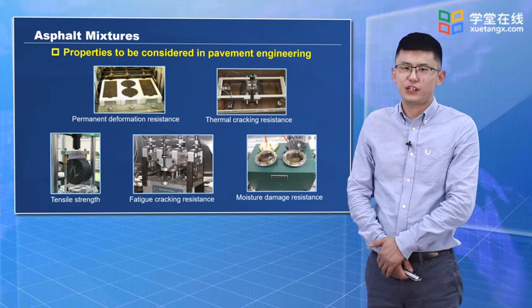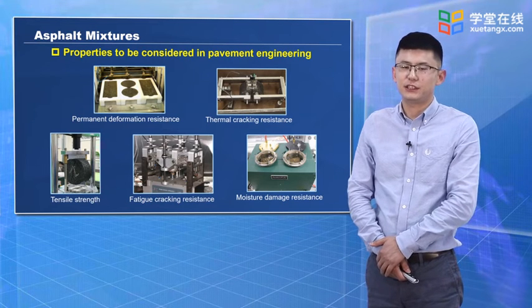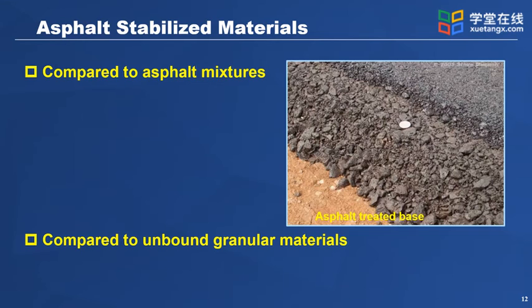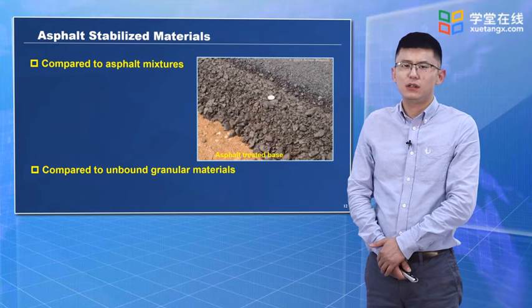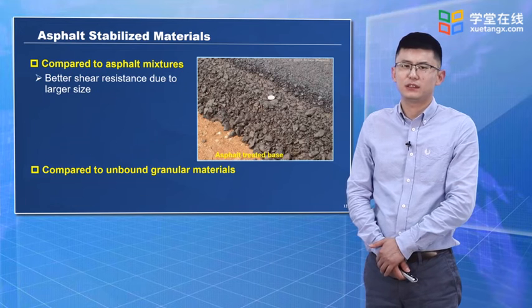For the detailed test methods, we can refer to standard specifications from, for example, AASHTO and China's specifications. The asphalt stabilized materials we have mentioned before are different from asphalt mixtures, and are usually applied for the base course. So compared to the asphalt mixture, what's the difference?